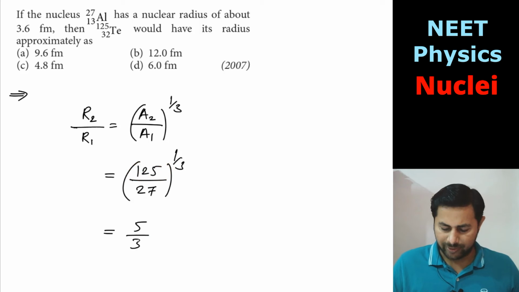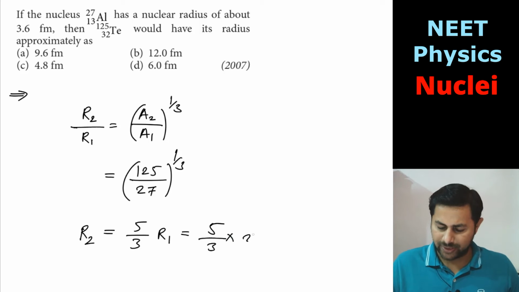So the ratio is 5 is to 3, and therefore R2 is equal to 5/3 of R1. So 5 by 3 times 3.6, and that is 1.2 times 5, which means 6. 6 femtometers is the answer, option D. So very simple, similar question.